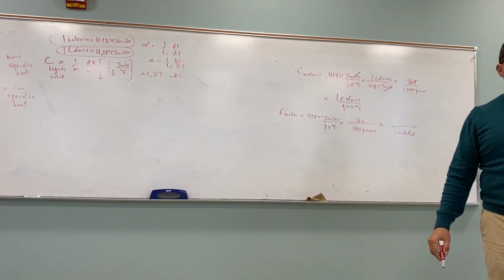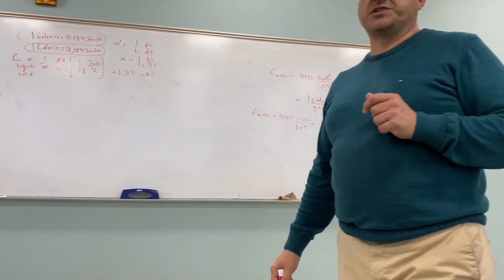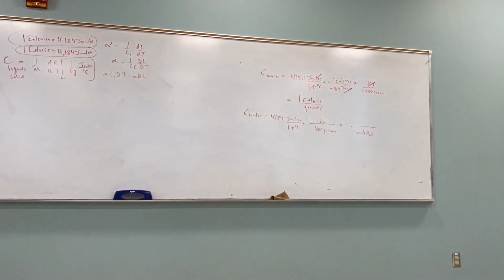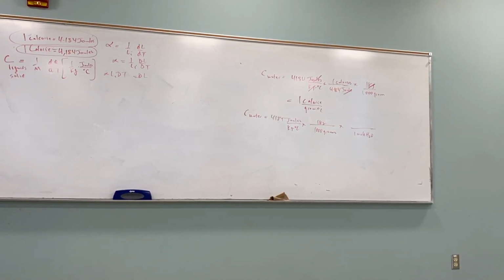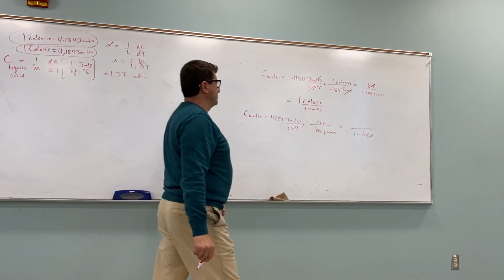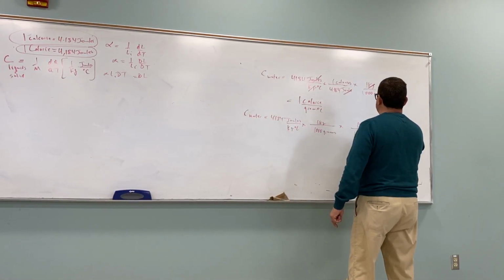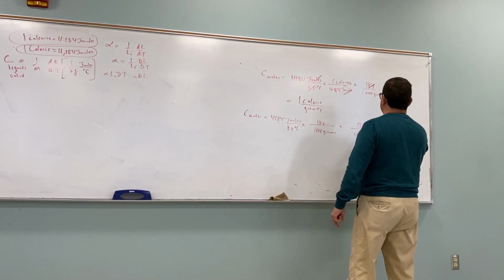Oxygen is 16 grams, the atomic mass of oxygen. So get ready, there's gonna be some chemistry in this course. So 16 grams is 1 mole of oxygen, and then H2O is gonna be 18 grams per 1 mole.